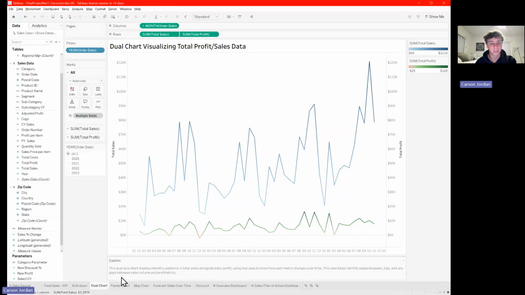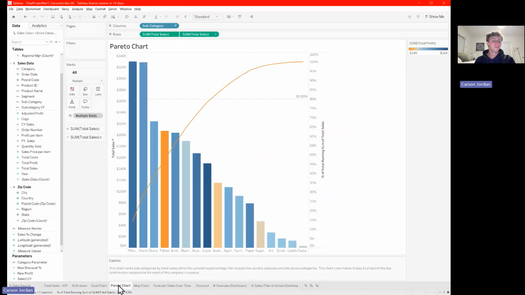So let's go to the Pareto. For my Pareto, I broke down subcategories by sales contribution. It was a small group of items, especially the phones, chairs, and storage, that accounts for the majority of the total revenue. They quickly pushed the cumulative percentage toward the 80% threshold. Here, this was the 80% reference line that we created.